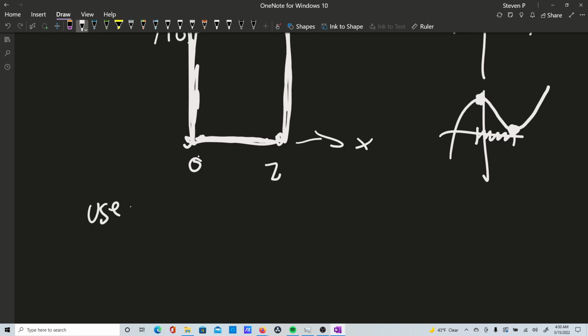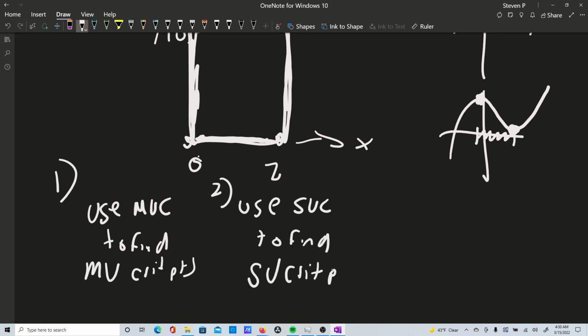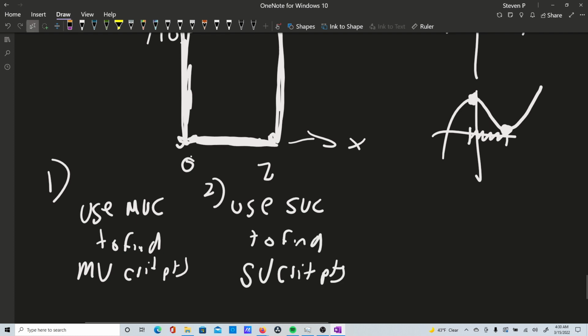So use multivariable calculus to find, I'll call them multivariable crit points, right? So then this is step 1. Then step 2 is use single variable calculus to find the single variable critical points, right? That means the critical points along each one of these lines.